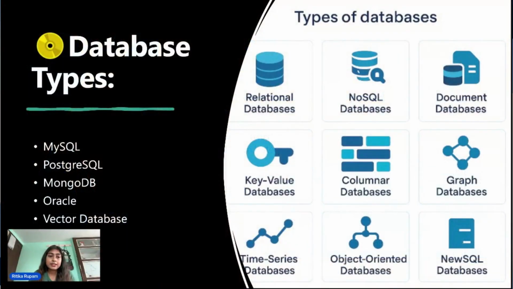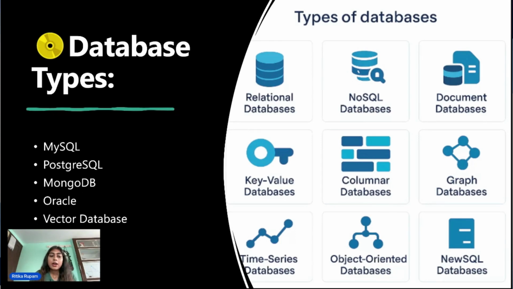So let's look at the database types. The most common ones are listed on the left hand side. The first one is MySQL. It is basically a relational database. Then the next one is PostgreSQL, then MongoDB, Oracle SQL, and vector databases are also present in today's market.